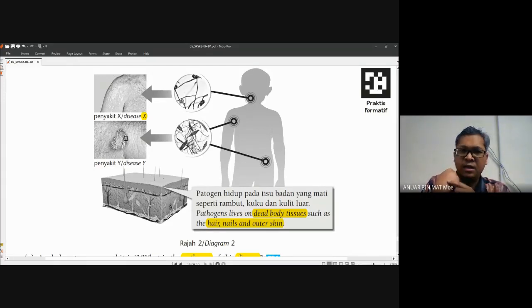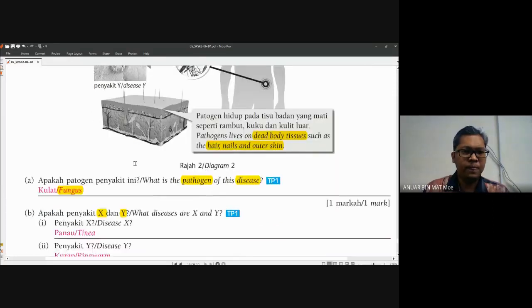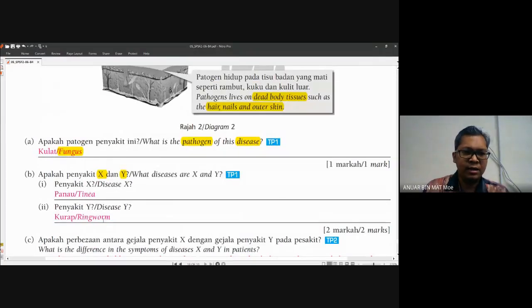It feels very, very itchy. Okay, so X is of course tinea, and Y is ringworm disease. It is not from the worm itself. It is from the fungus.